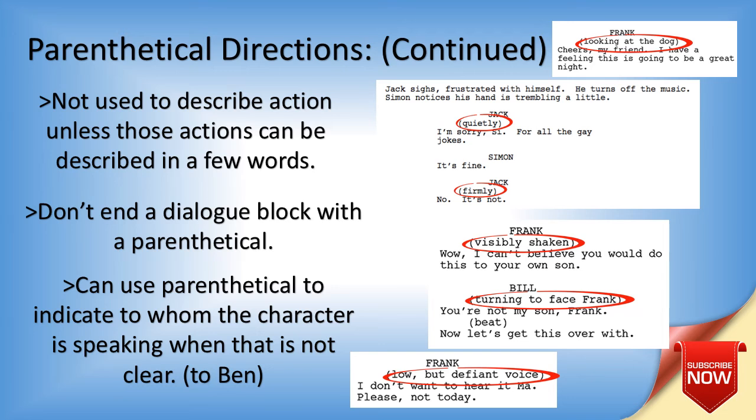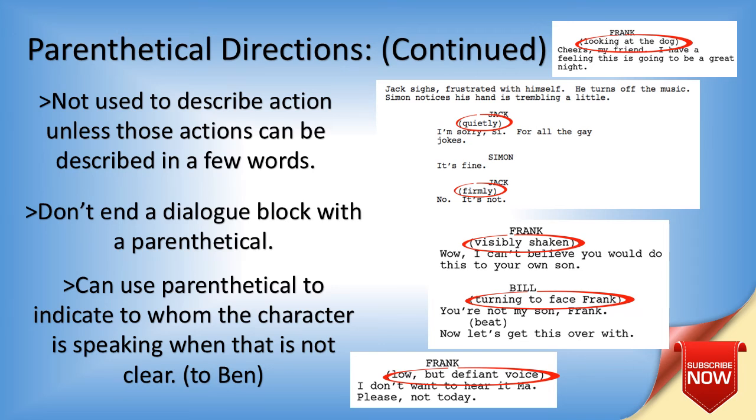You could say whispers, like I said. And then Jack, he says to Cy, whatever. Simon says, it's fine. And then Jack says, no, it's not. So in parentheticals, you want Jack to say, no, it's not, firmly. That means he wants to get his point across to make sure Simon understood that he is sorry.